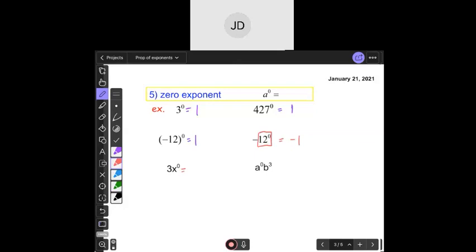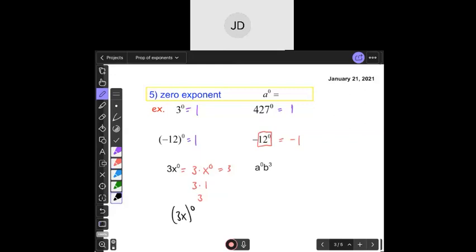3 times x to the 0. This means 3 times x to the 0. The 0 is not on the 3. The 0 is only on the x. The 3 doesn't change. Okay? 3 times x to 0 is 3. Only the x became a 1. The 3 stayed put. Okay?